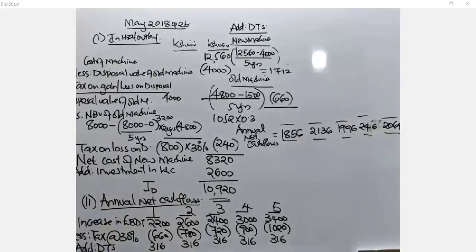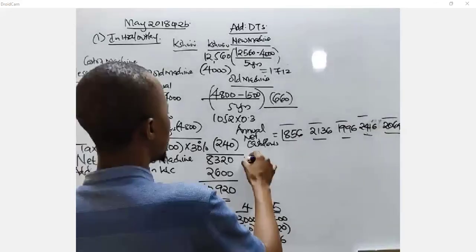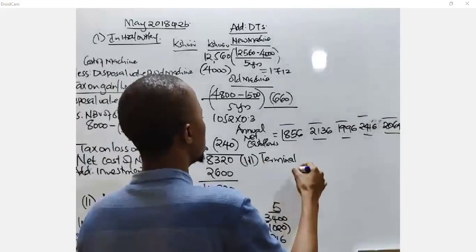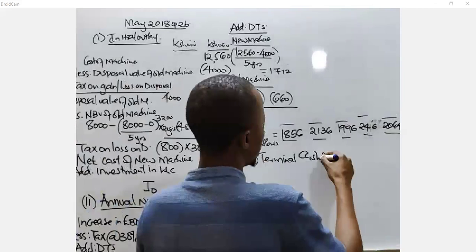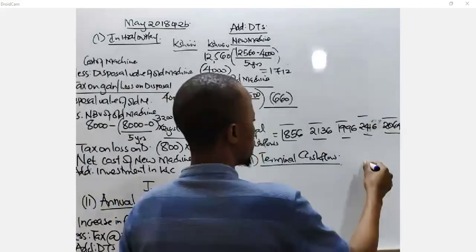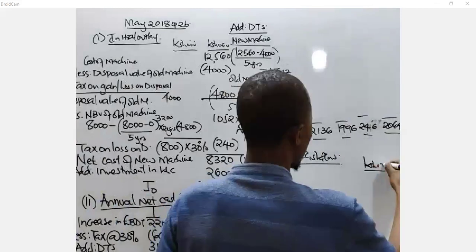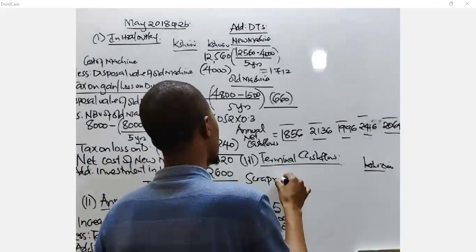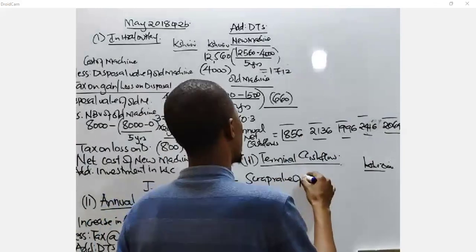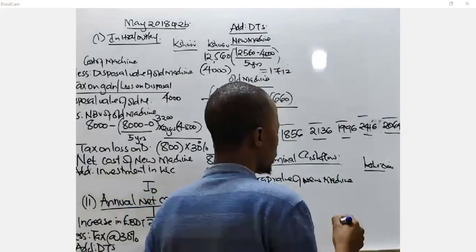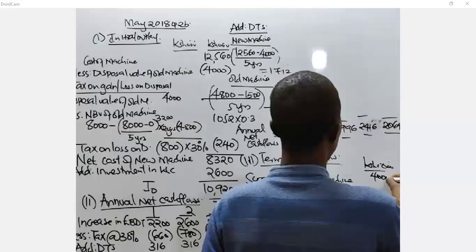Then the last thing you need to compute here is your terminal cash flow. How much is my terminal cash flow? Just have a column of Kenya shillings there. We look at the scrap value of the new machine, which we said is 4,000.